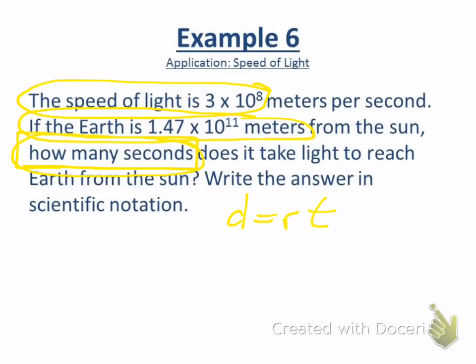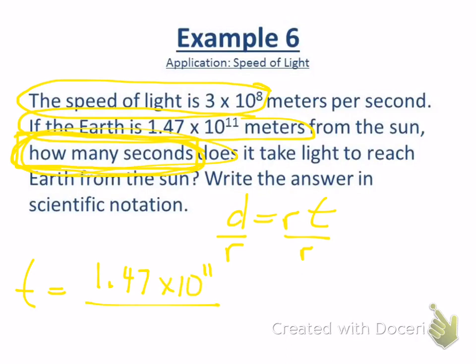So if we plug this in and we're solving for time, how do you solve this for time? Divide both sides by r. So the time here that we're looking for is equal to the distance, 1.47 times 10 to the 11th, divided by the rate, which is 3 times 10 to the 8th. That's going to give us the time in seconds, because the unit of time here in both instances is seconds.